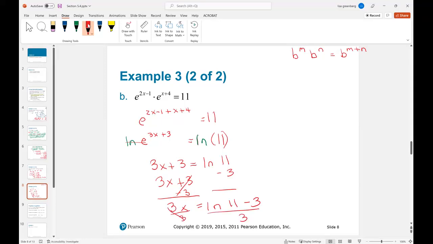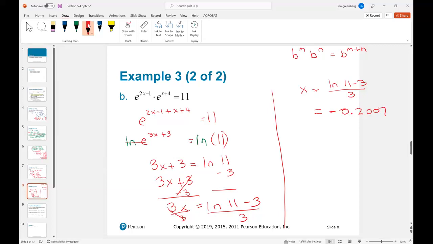And I get, so I'm going to come up here, I get x equals the natural log of 11 minus 3 over 3, which is equal to approximately negative 0.2007.